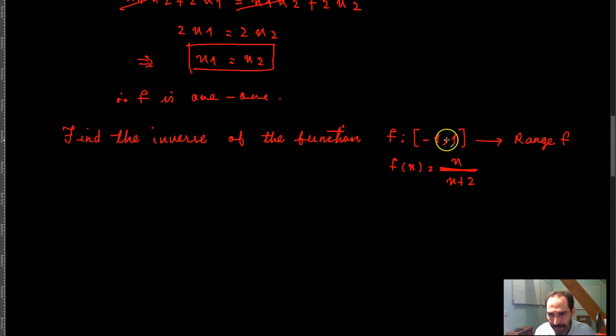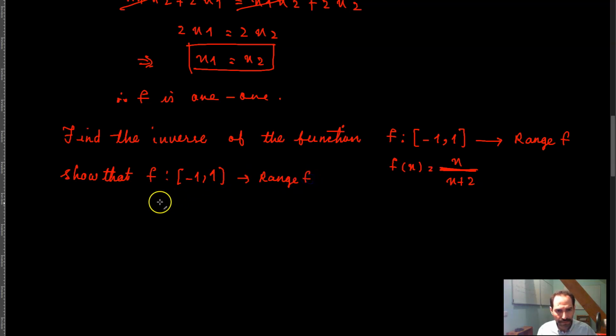Which means that when you want to find the inverse of the function, first of all, you have to make sure that the function is 1-1, which we have already established. And also you need to show that f from -1 to 1 to the range of f, having f of x as x over x plus 2, is onto as well.